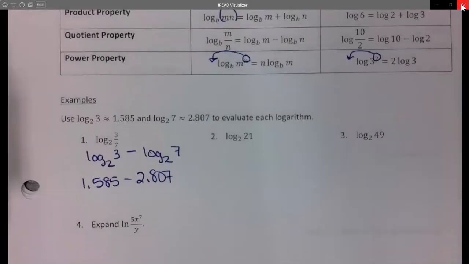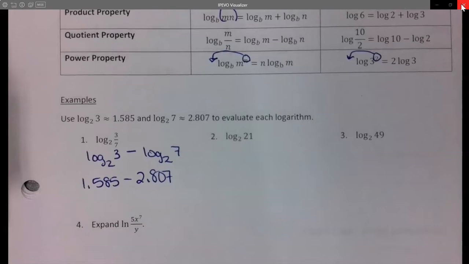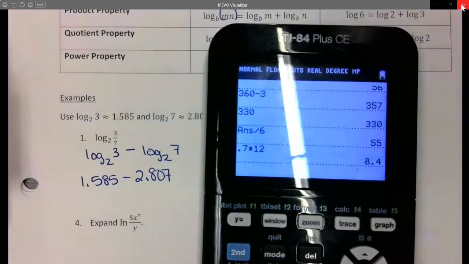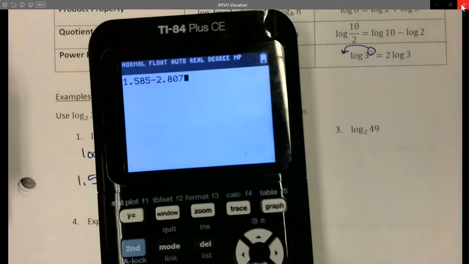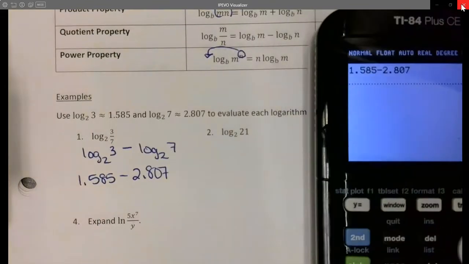Let's just use the computer calculator then. Okay. I'll use a real calculator. So I would type these into the calculator, and then I get negative 1.2222.